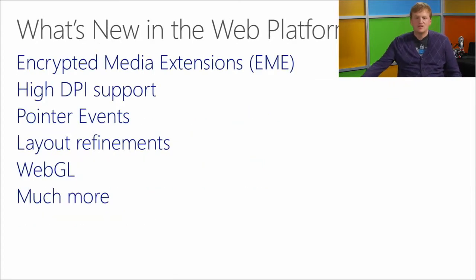So what's new in the web platform? We're going to be talking a lot about WebGL today, but there are a lot of new enhancements that come at the same time. Encrypted media extensions, which allow you to use media that you want to have encrypted, like we'll do an example with Netflix, a Netflix video, right in the browser without needing any plugins. High DPI support.